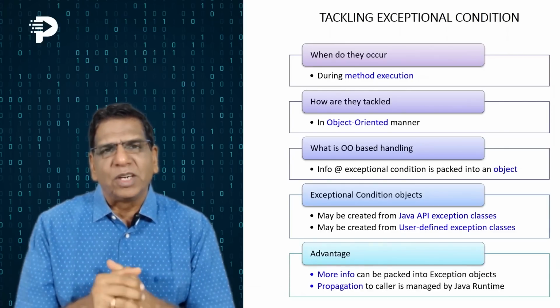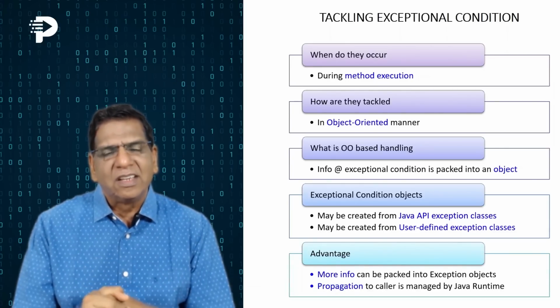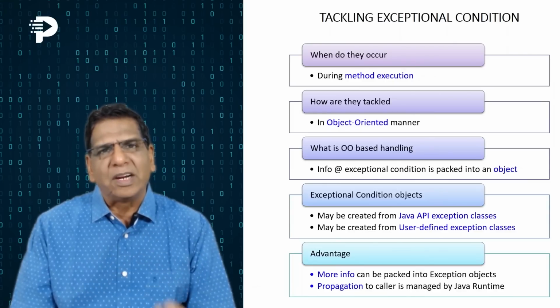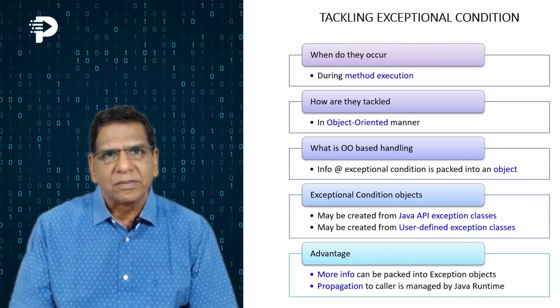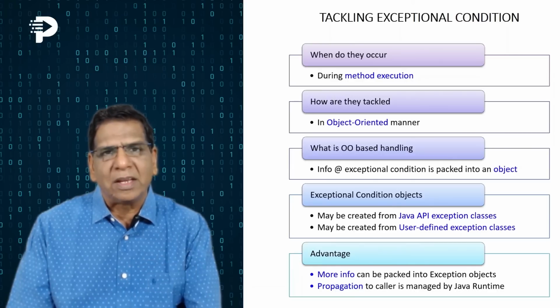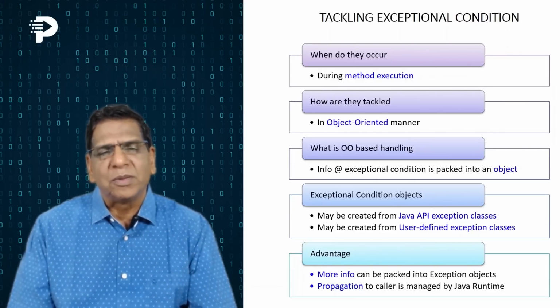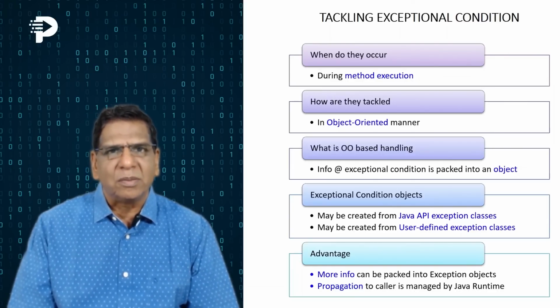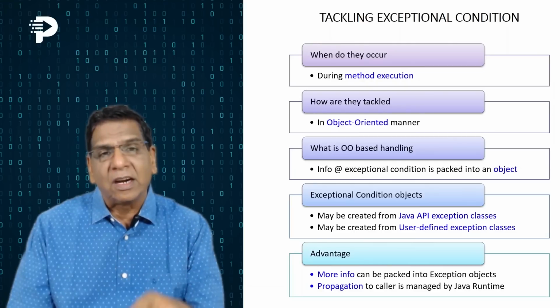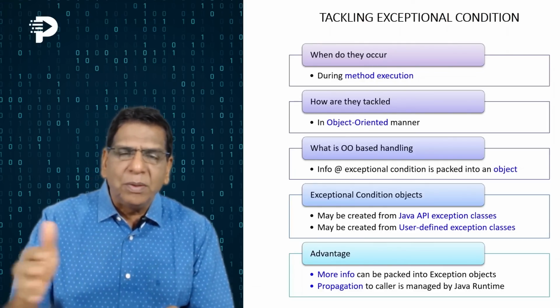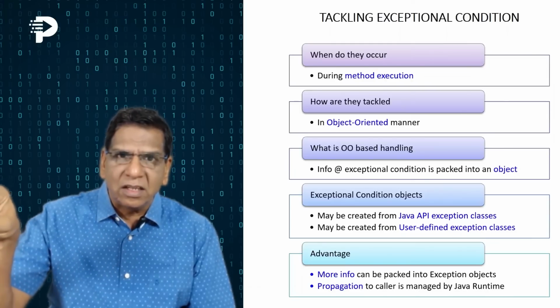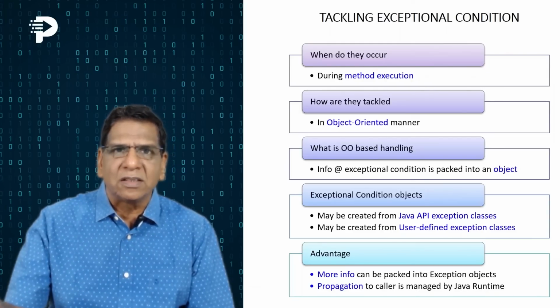The advantage of this object-oriented exception handling is that more information can be packed into an exception object rather than merely the error number. I just now gave you a banking example of what information you can pack into the exception object. And secondly, and very, very importantly, you may have deeply nested calls and in the innermost call the exception occurs.